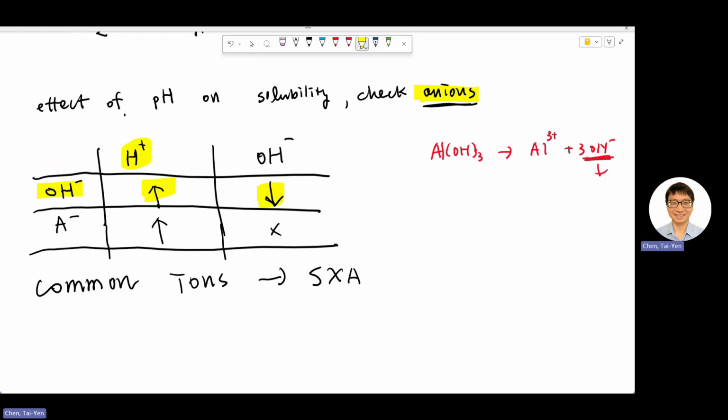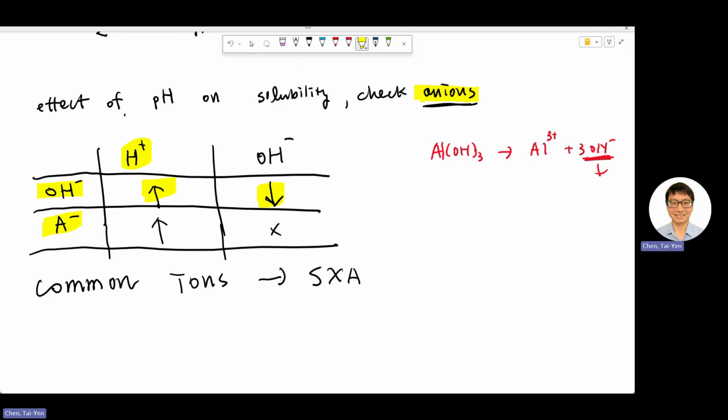Because once you understand the concept, then when you apply these things to different questions, it will be quite simple. The other situation you may encounter is a weak base. Instead of having OH minus, you have a weak base. Once you dissociate, you produce a bunch of weak base.